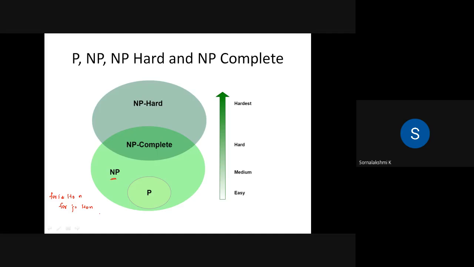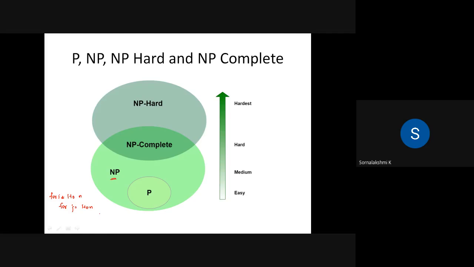But given a blank Sudoku, or a Sudoku with the solution filled in, I can verify in polynomial time and tell that this is a correct solution or a wrong solution, right? The solving is not possible in polynomial time, but verification of whether the solution is correct or not is definitely possible in polynomial time.